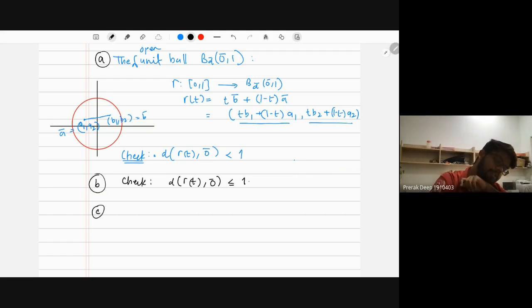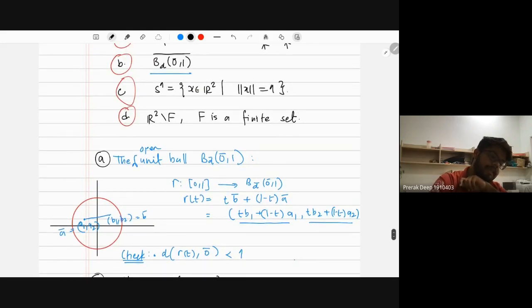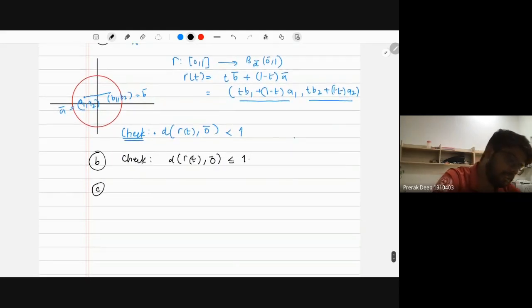Okay. For C, it is a circle. So for C, we have a circle given. We need to take any two points on the circle. Okay, so a circle can also be parameterized.